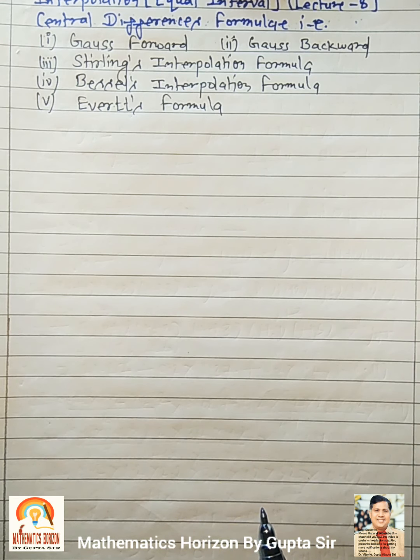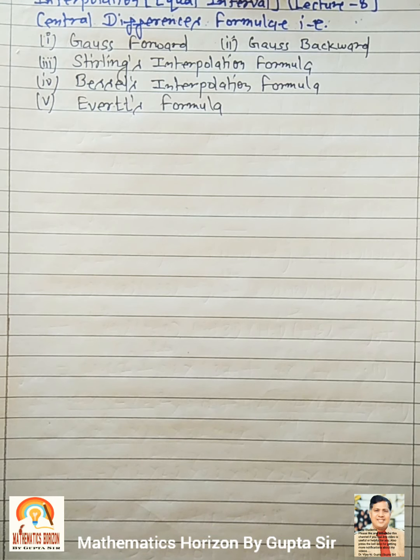In central differences formulae, the interpolated value is near the center of the table, so the value of x0 will be near the center of the table, and that x0 is called the central line. In that case, we always use central differences formulae.